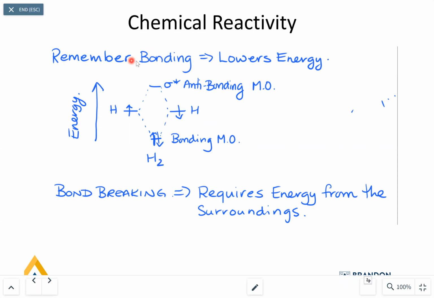Because bond making lowers energy, and if we wanted to break this bond in H2, we'd have to put electrons into the antibonding orbital, so bond breaking requires energy. If two atoms get together to form a bond, that lowers the overall energy of the system, whereas if you want to break a bond, it requires energy from the surroundings.